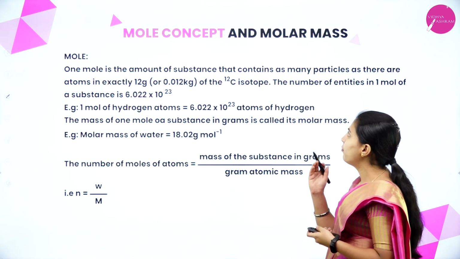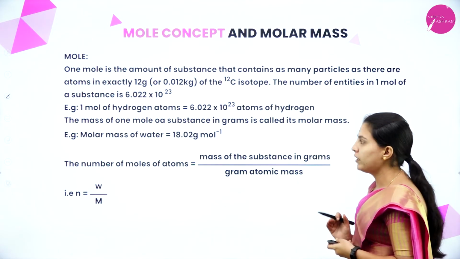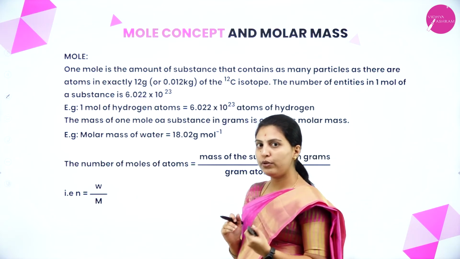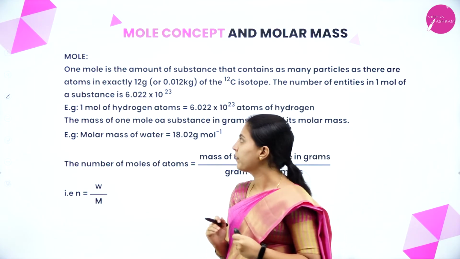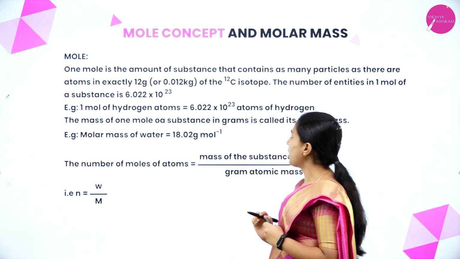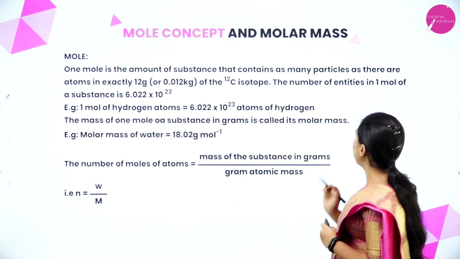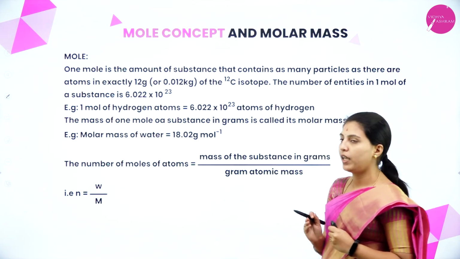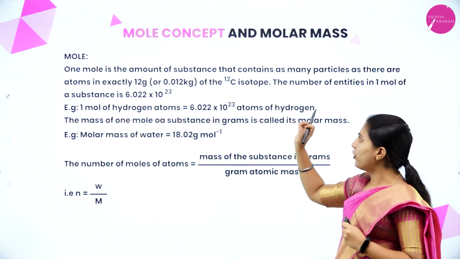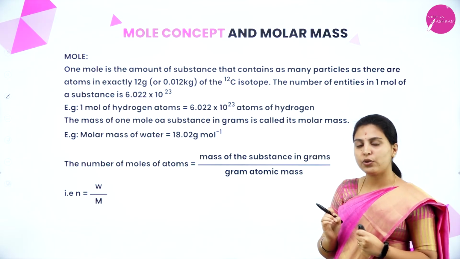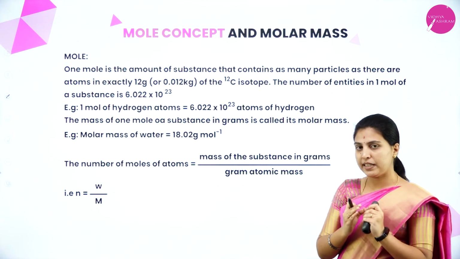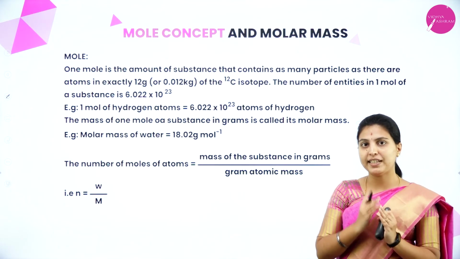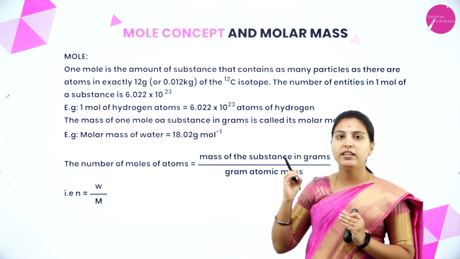Next we will see the mole concept and molar mass. First we have to understand what 1 mole is. 1 mole is the amount of substance that contains as many particles as there are atoms in exactly 12 grams of the carbon-12 isotope.